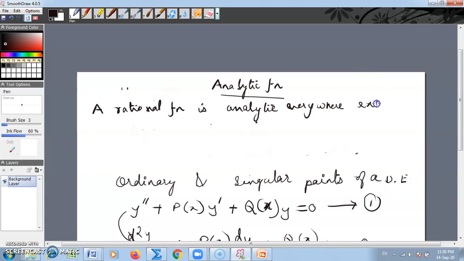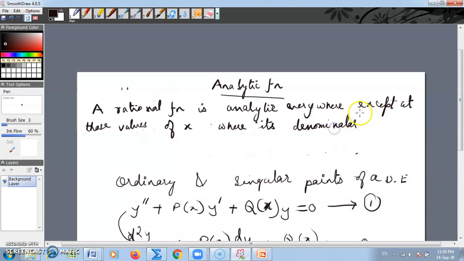except at those values of x where its denominator is 0. Let us look at an example and try to understand this.